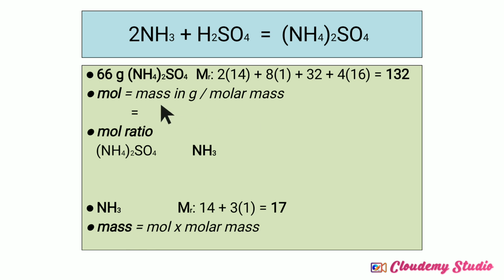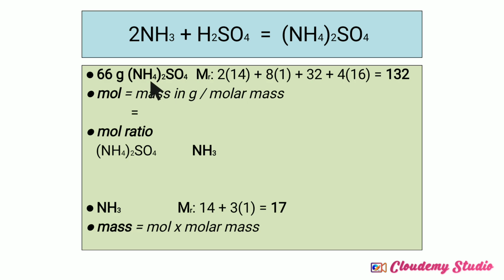So at first we need to calculate the relative molecular mass for ammonium sulphate. The relative molecular mass is the relative atomic masses of all the atoms added together. Nitrogen appears 2 times in ammonium sulphate, so 2 times 14.